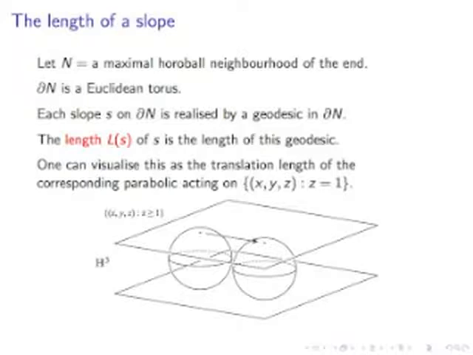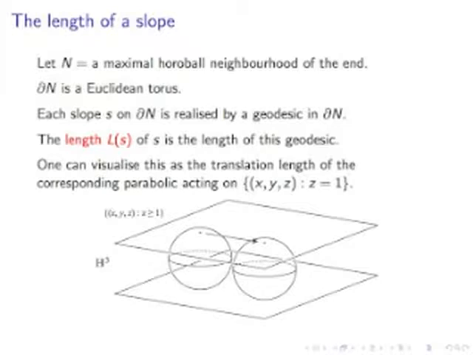And at some point, they'll just stop. That's a maximal horoball neighborhood, and the boundary of that is a Euclidean torus. The torus inherits this Euclidean structure because it's a quotient of z equals 1 by translations. And each slope s on that torus is realized by a geodesic in this Euclidean structure, and the length of the slope is by definition the length of that geodesic.